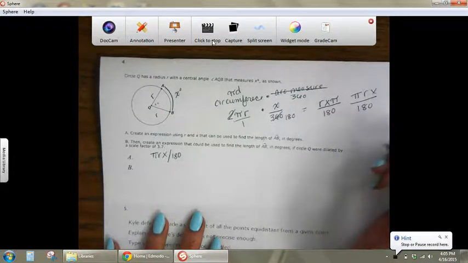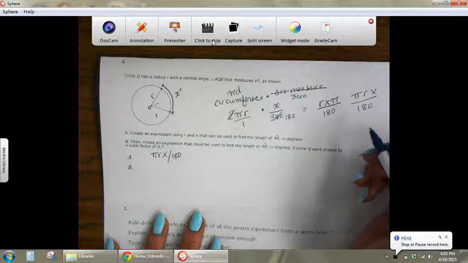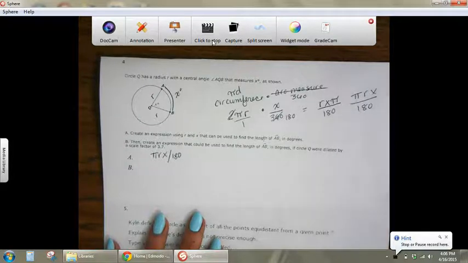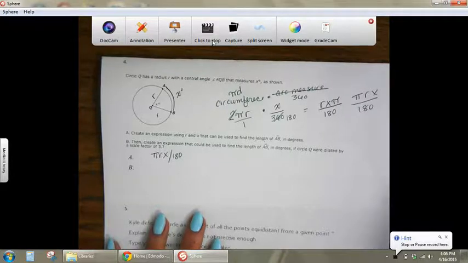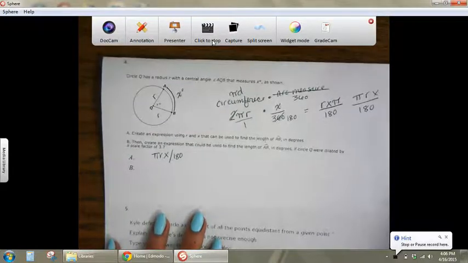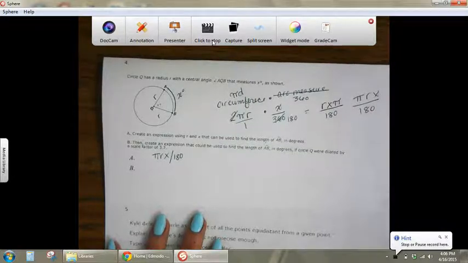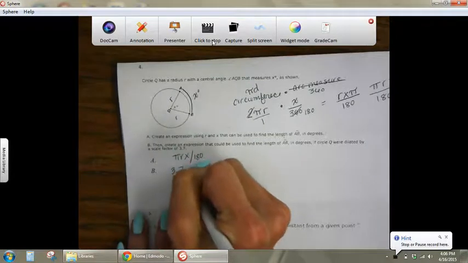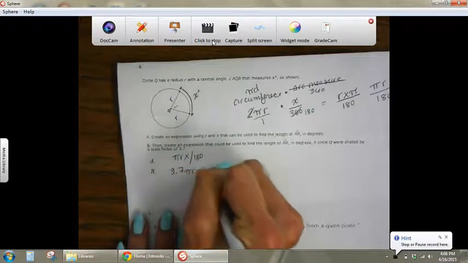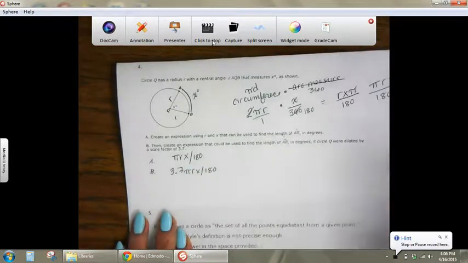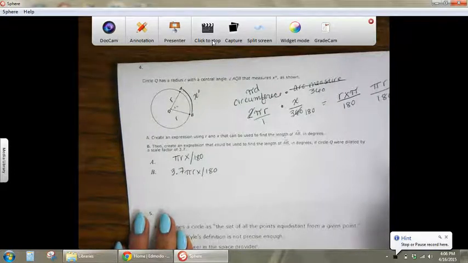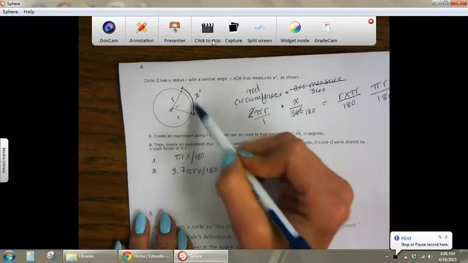So basically all that means is if it is dilated by a scale factor of 3.7, your original equation is just going to be multiplied by 3.7.